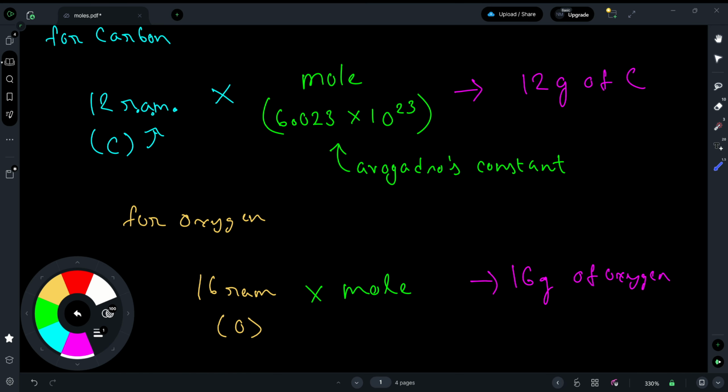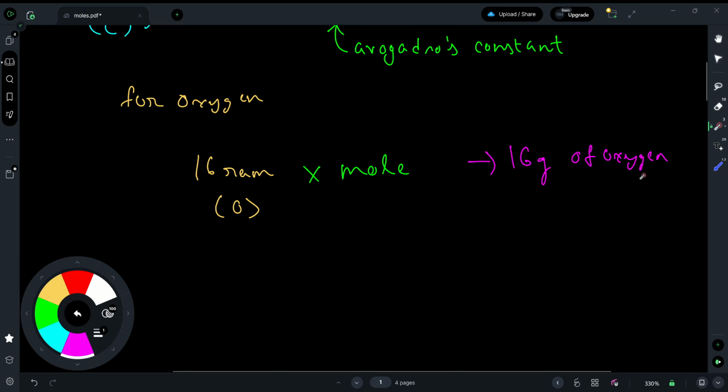For all elements, you take the relative atomic mass, you take a mole of it, multiplied by the Avogadro constant, and you get the mass number, but in grams. So you can derive a formula for this. We take Mr as the relative atomic mass. That's how it's written on the periodic table.